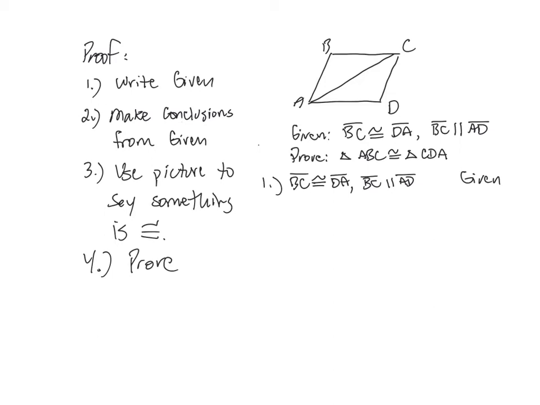So BC and DA are congruent. Okay, and then it also tells me that those same lines are parallel. So right now I have a side that's congruent. I also like to label those a little bit like I did.